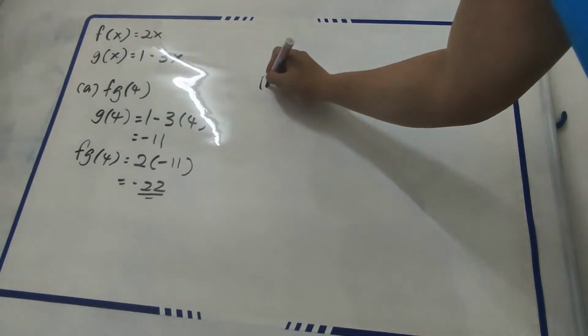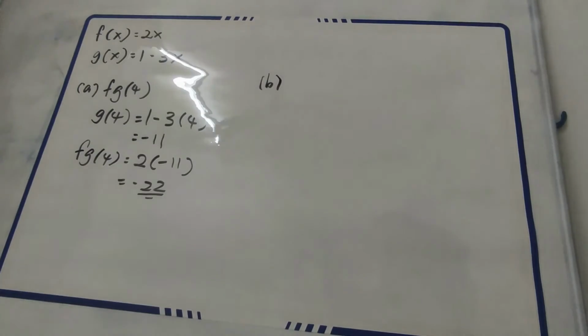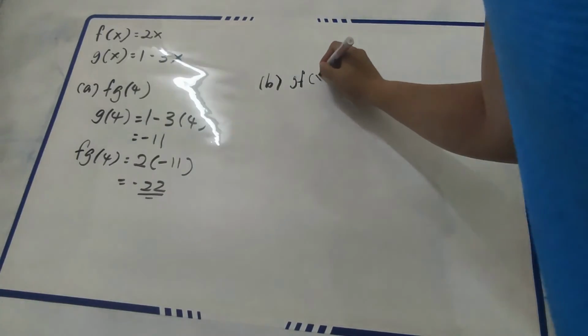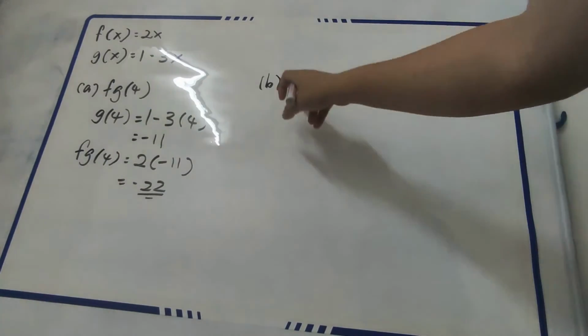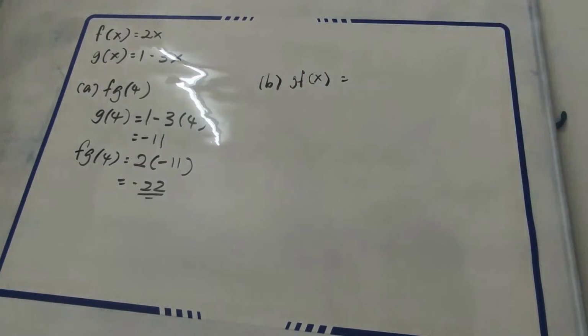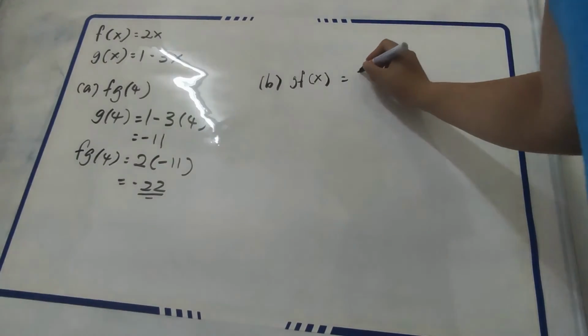Part B, you need to find out the value of x if the composite function g(f(x)) equals 5.